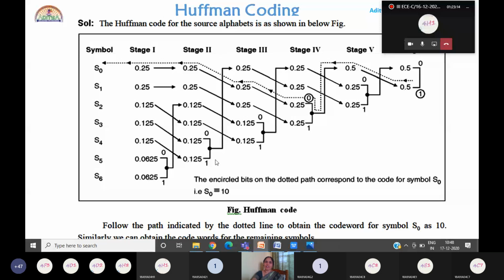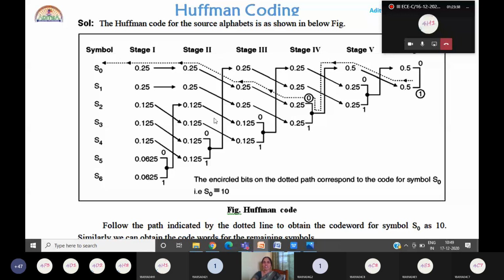So you need to represent the table chart up to S5. And if you observe S3, you will get only up to S4. And in stage 4, we have to reduce one symbol. So you need to represent the chart up to S3. Next in stage 5, we will have only 3 probabilities or 3 symbols.